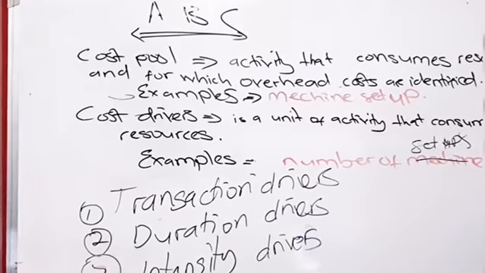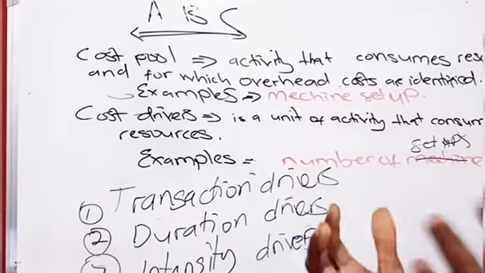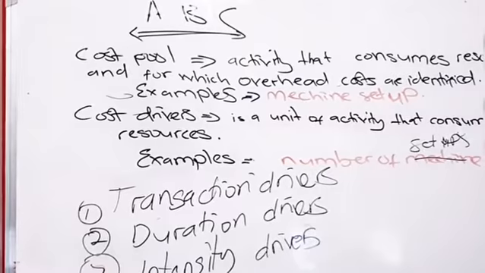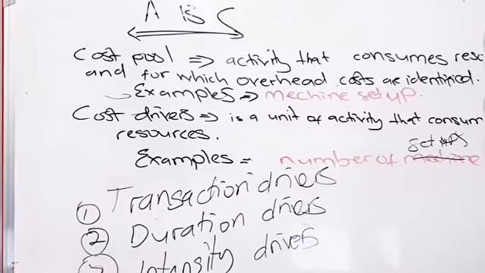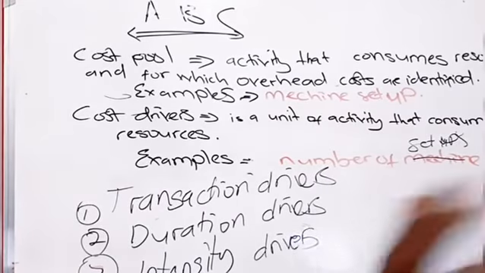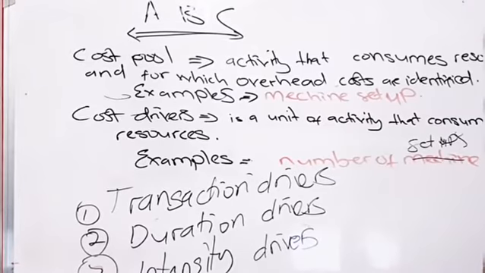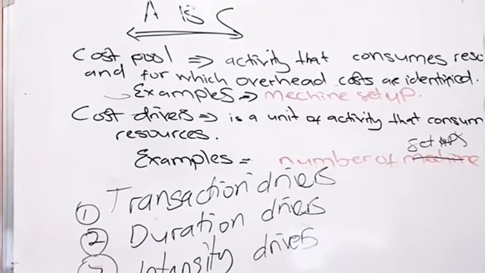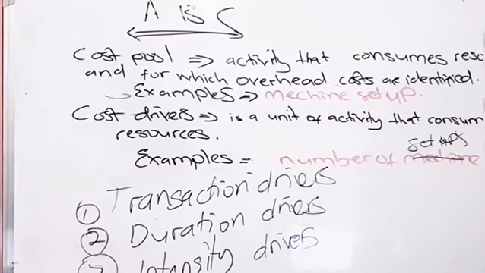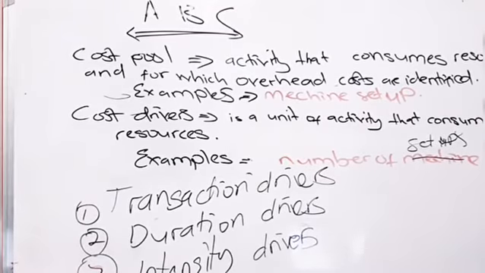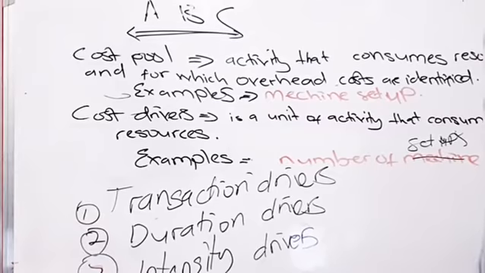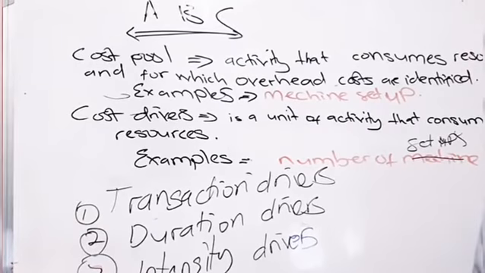For example, you are a local manufacturer, and you're selling your goods to both domestic and international customers. The domestic orders may need less time and less packaging, and then the overseas orders may need more time and more packaging. So that is an intensity driver, whereby some of the activities take more time and more work, isn't it?